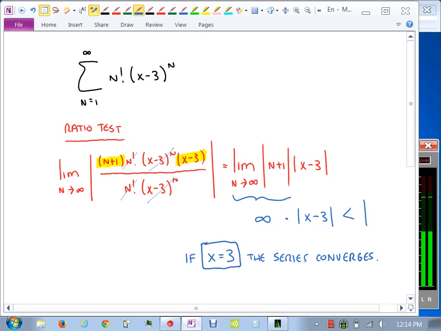So I've basically shown you an example of the 3 possibilities. This one was a possibility where there is no interval of convergence. It only converges if x is 3, which basically made a bunch of zeros out there, except that first term. And then I've shown you an example where we have the interval, where we had to test endpoints, and I showed you where infinity is the interval.